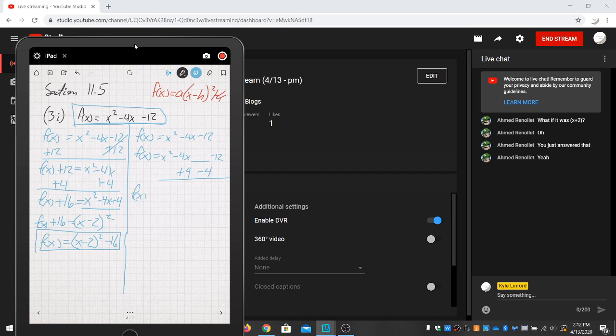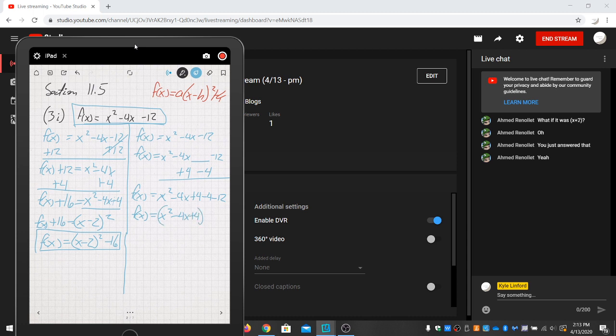F of x is equal to x squared minus 4x, and then we said add 4 and subtract 4 from both sides. If I combine like terms right now, those 4's are just going to cancel out, right? So some of you might be saying, well, what's the big deal with this? You added 4 and you subtracted it, that would just cancel out and make a 0. What we would say is put parentheses in here in very careful ways.